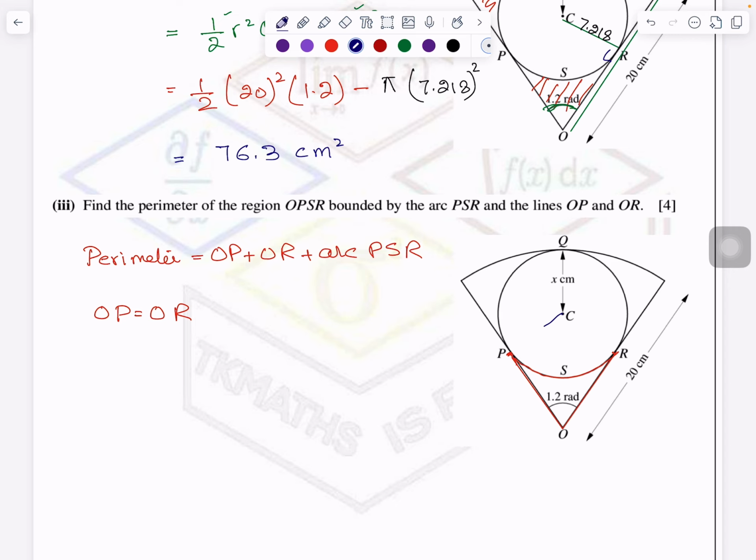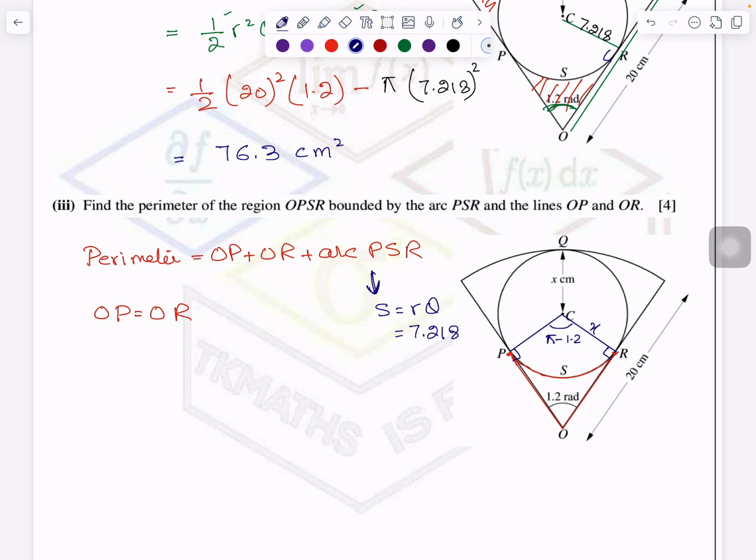So if I draw the line from here, tangents, right, I know this is 90. So this angle is what? Because this becomes a quadrilateral, this is pi minus 1.2. Then the arc length, which is here, is equal to s equals r theta. So my r is what? x, which is 7.218. Agreed? We have just found it in part 1.